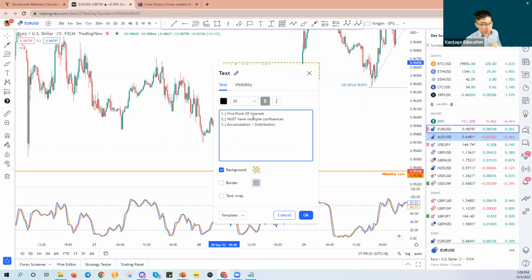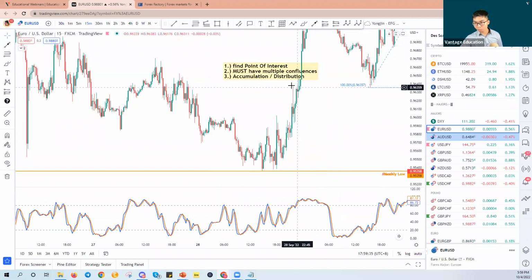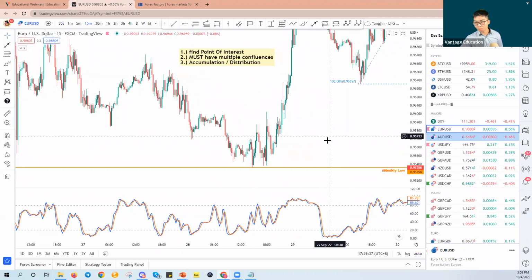If the market is distributing, going downwards, I do not look for a buy. Else, if I expect price has oversold, like looking at the Stochastic Oscillator, I will only be looking for a buy. So let's say I found a point of interest.